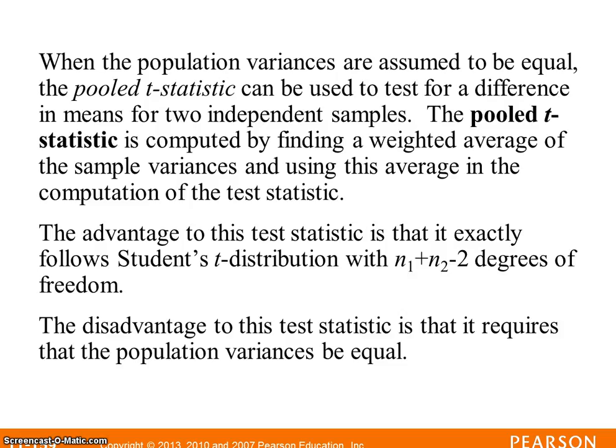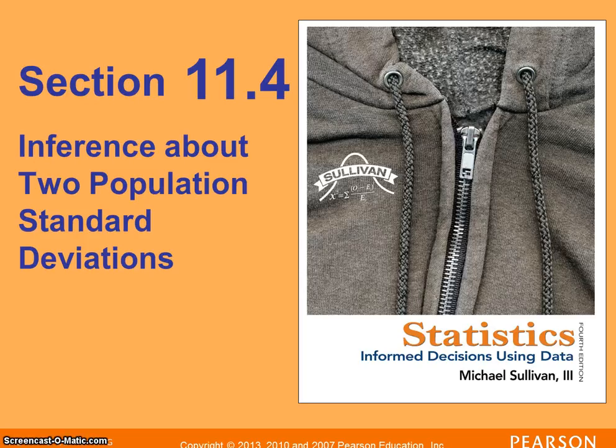The advantage of this test statistic is that it exactly follows Student's t-distribution with n1 plus n2 minus 2 degrees of freedom. The disadvantage is that it requires the population variances to be equal. So if the population variances are equal, you could use this. But we won't really talk about that too much, so you don't need to worry about that.